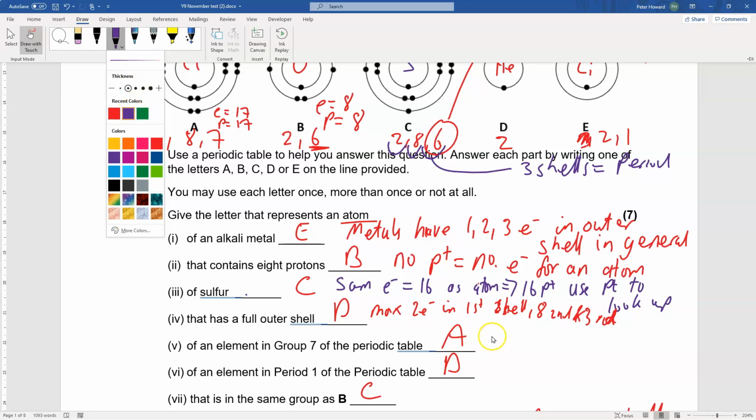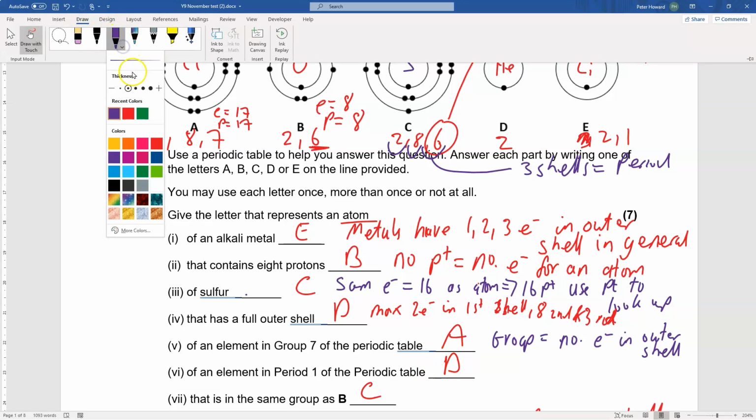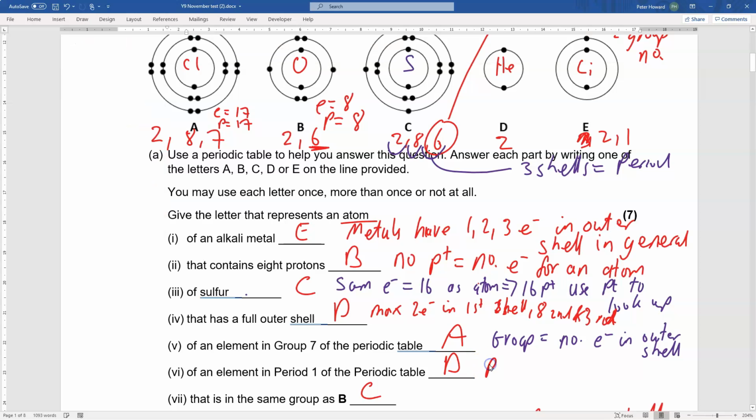Group 7 of a periodic table, if you got this one here wrong, then you could say group equals number E minus in outer shell. Period 1, if you got that one there wrong, what you could say is period equals number of electron shells.